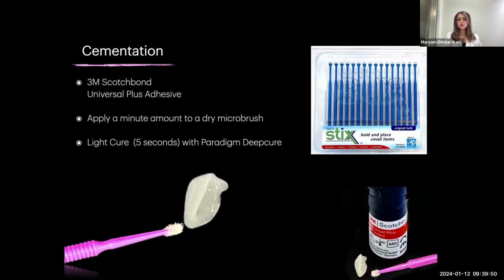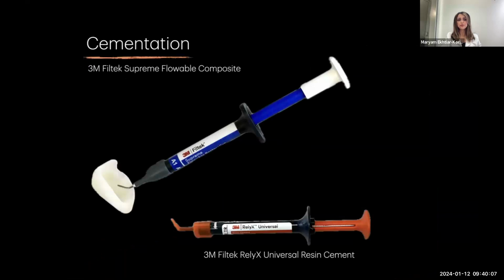This can be done with something as delicate and slender as an inlay, all the way to a crown. Just light cure, tack cure under 5 seconds, and you can deliver the restoration to the patient.